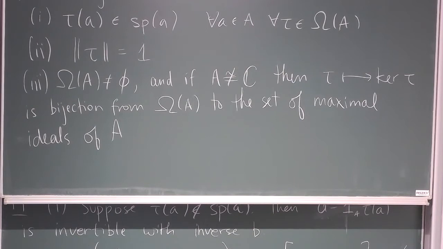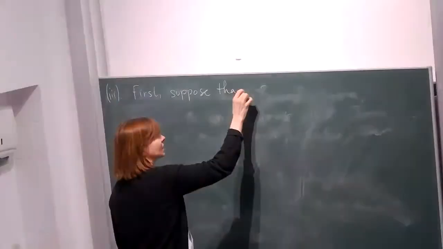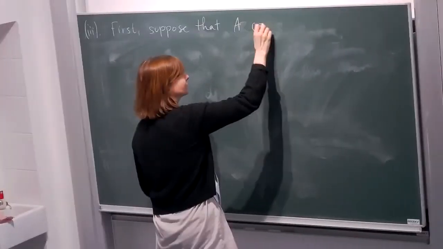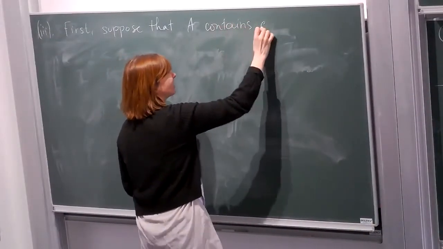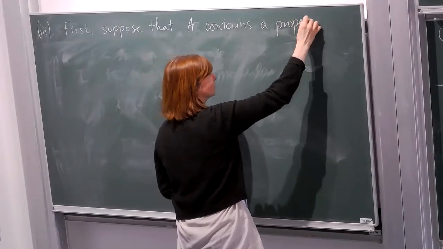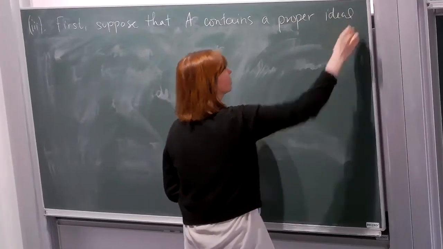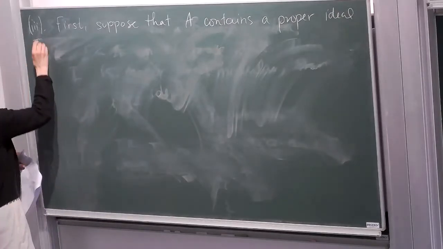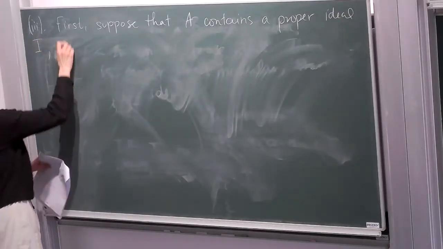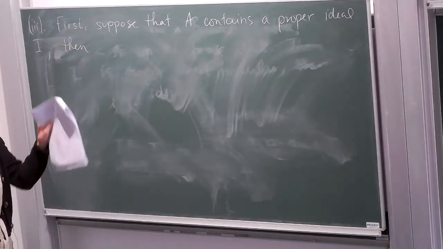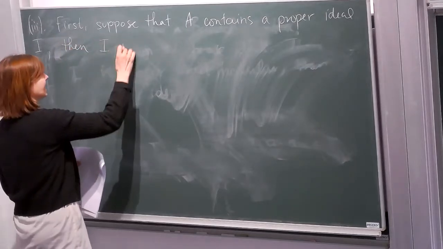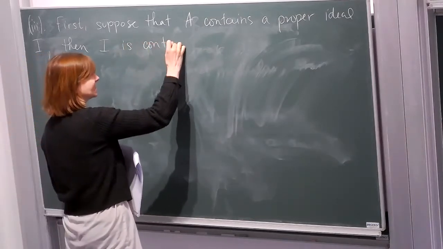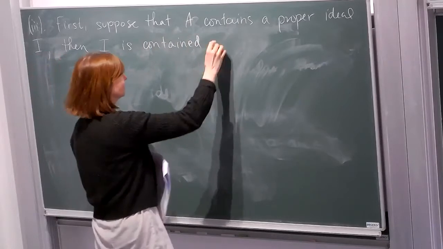Okay, so let's first suppose that A contains a proper ideal, which we'll call I. Then, since we are in the unital case, I is contained in a maximal ideal. These always exist in the unital case.